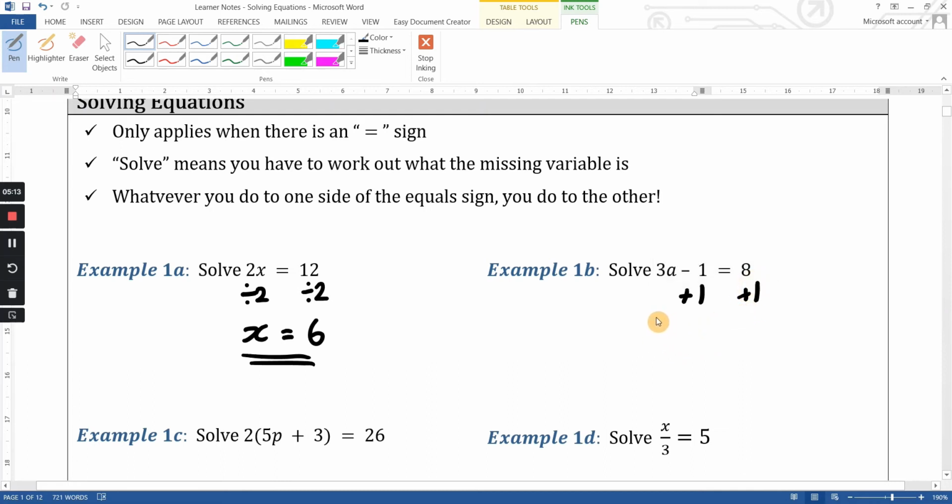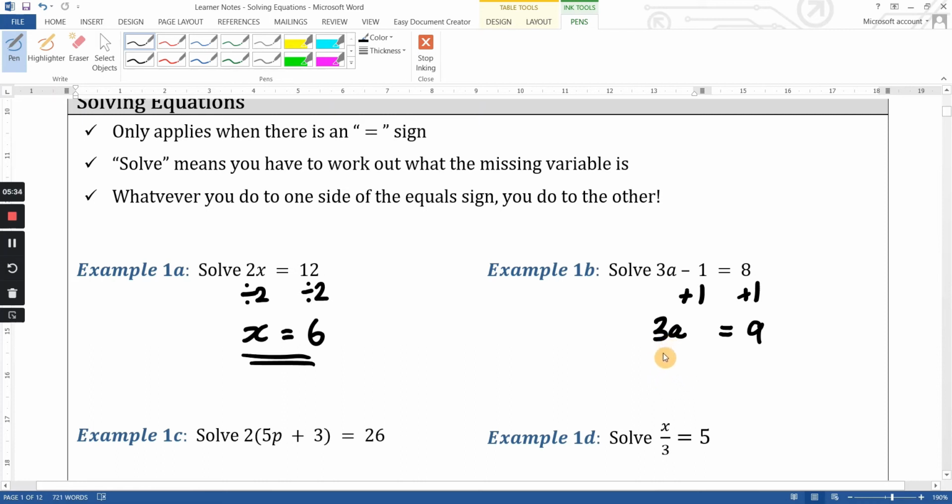So on this side of the equal sign, I'll just have 3a, which I've not touched yet. The minus 1 is gone, it's disappeared, equal to 8 plus 1, which gives you 9 on that side. So now 3a equals 9. But I don't want 3a, I just want 1a.